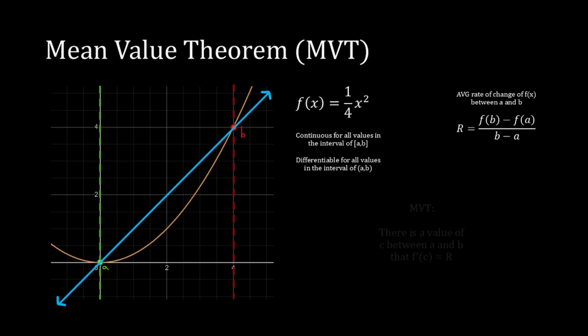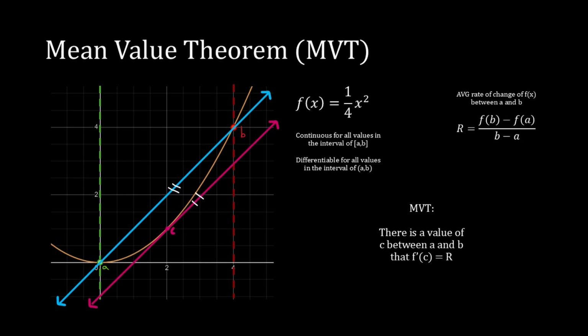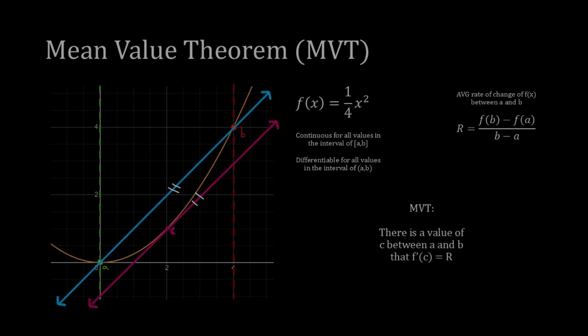In a nutshell, MVT states that there is a value c in between a and b, where the derivative of the function at that point, or the slope of the tangent line that intersects the point, is equal to r, the average rate of change between a and b.